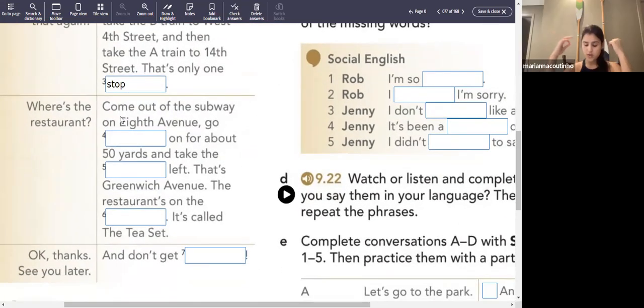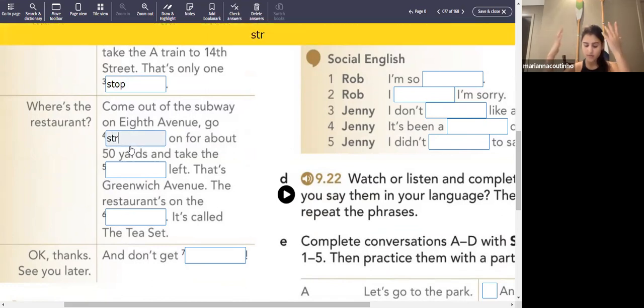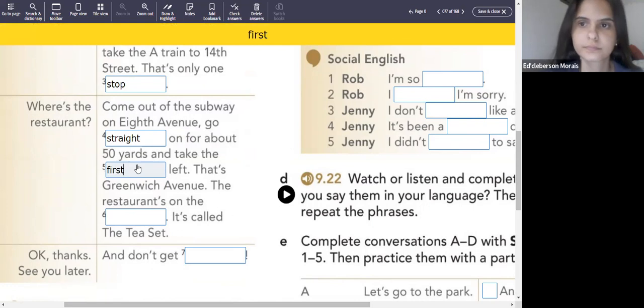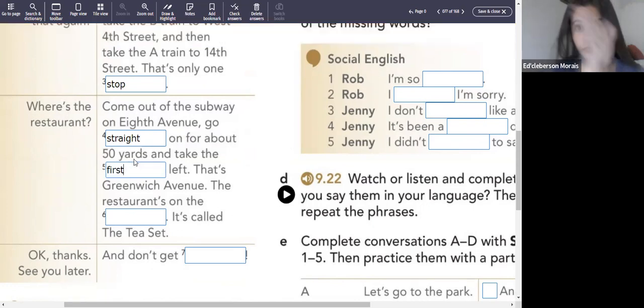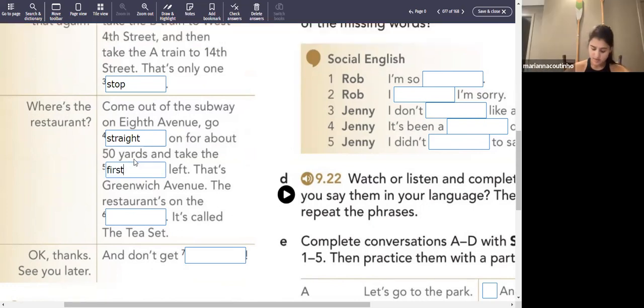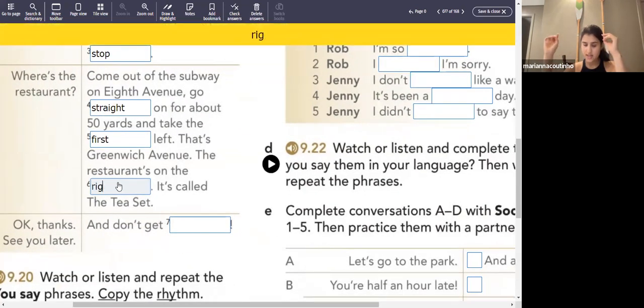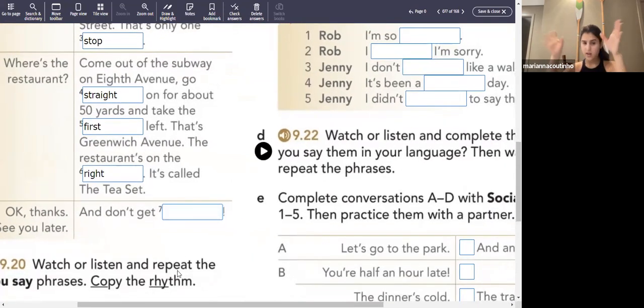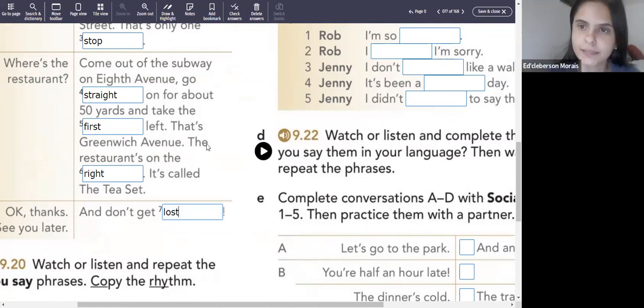Come out of the subway on 8th Avenue, go straight on for about 50 yards and take the first left. That's Greenwich Avenue. The restaurant's on the right. It's called the Tea Set. And don't get lost. Awesome, Mari.